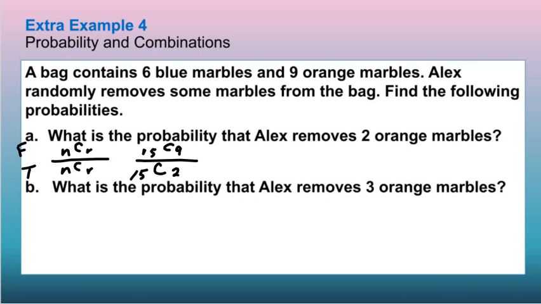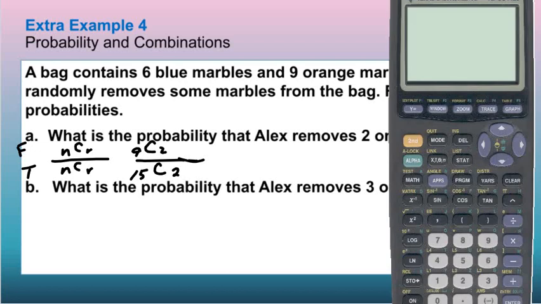Actually, up on top of favorable, there are 9 total orange ones. We're only looking at 2. Now with our calculator, we would have parentheses 9 choose 2.